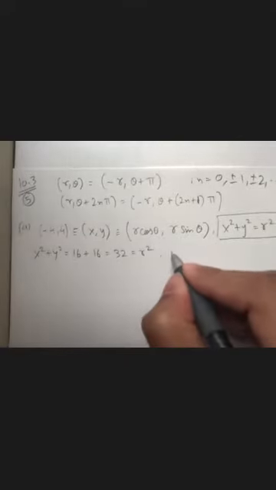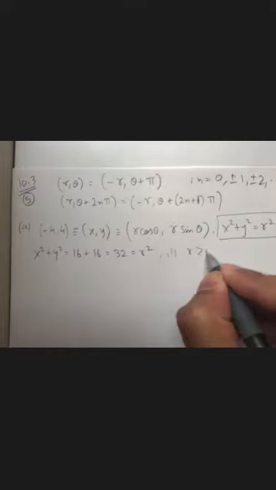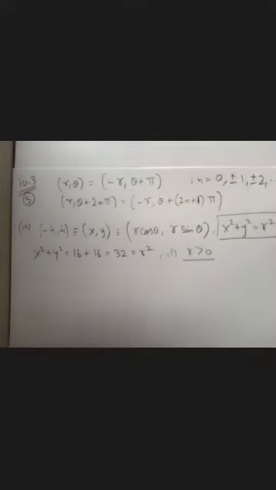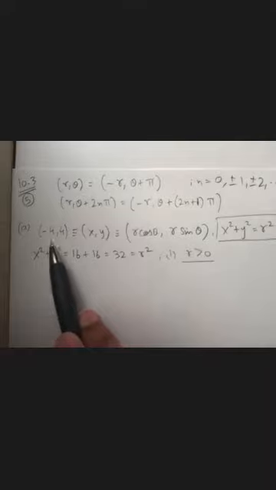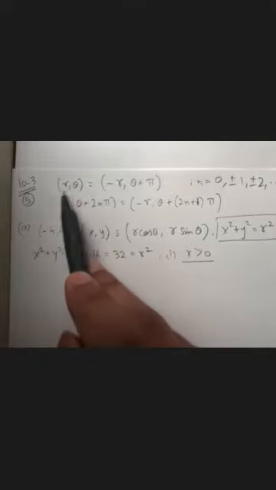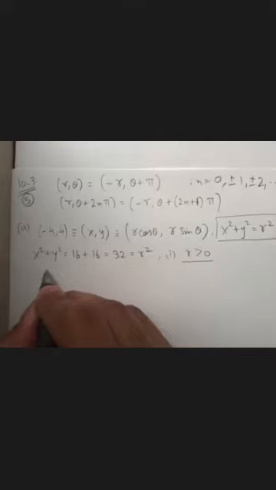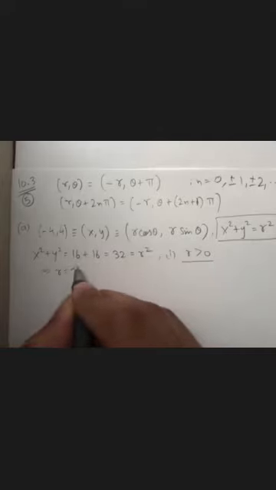Now for the first part, we want r to be positive. That's the question. So what we are trying to do is change negative 4 comma 4 into the form of r comma theta, where for the first part r is greater than 0. So this means r is radical 32.